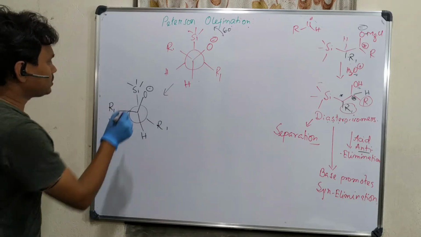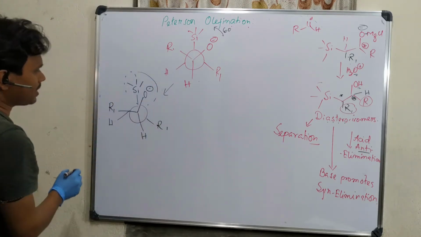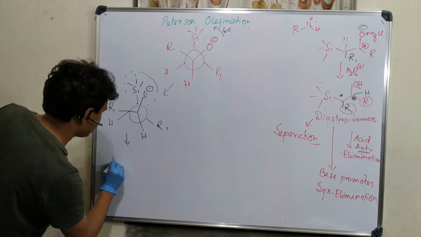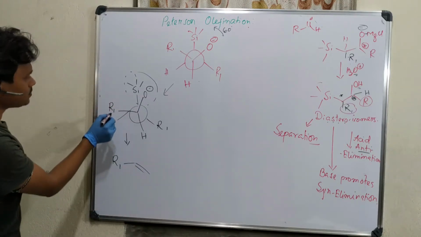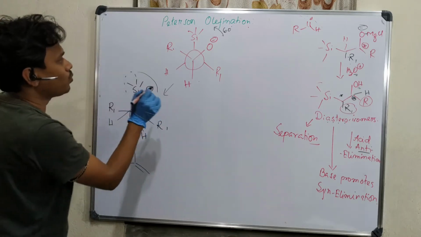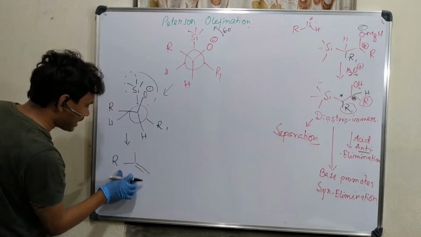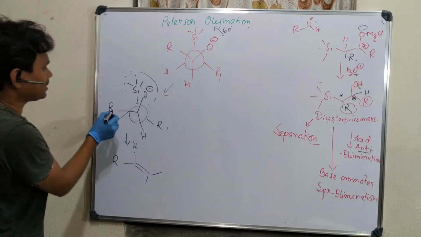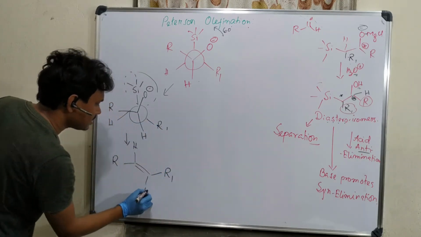These undergo elimination, and it will produce trans R1 alkene. Why trans? Because on one side there is R and hydrogen, on the other side R1 and hydrogen. Ultimately R1 is front side, R is back side, so it is trans.